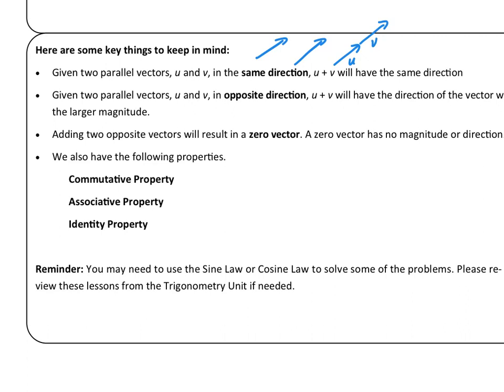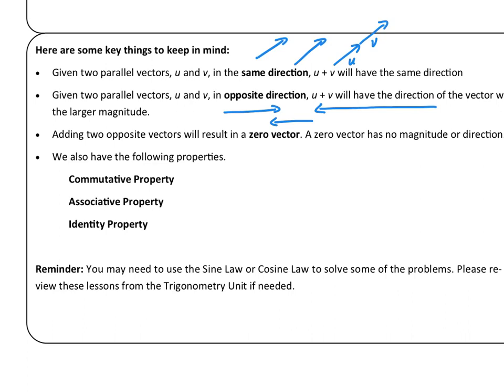If you have two parallel vectors, u and v, but they're in opposite directions, the resultant vector will have the direction of the one with the larger magnitude. So, for example, let's say this one goes this way, and then we have one that goes that way. When we add them together, our resultant vector is actually going to go this way because that's the larger magnitude.